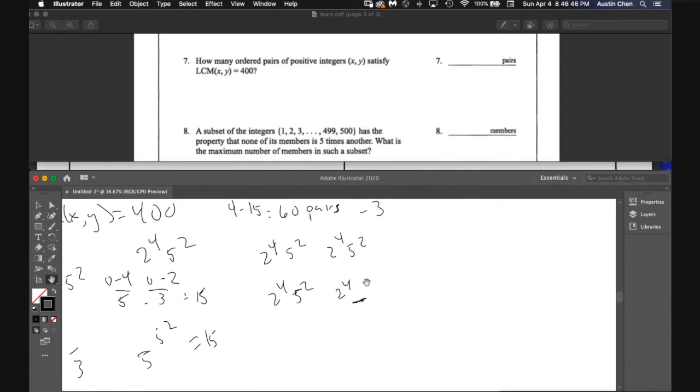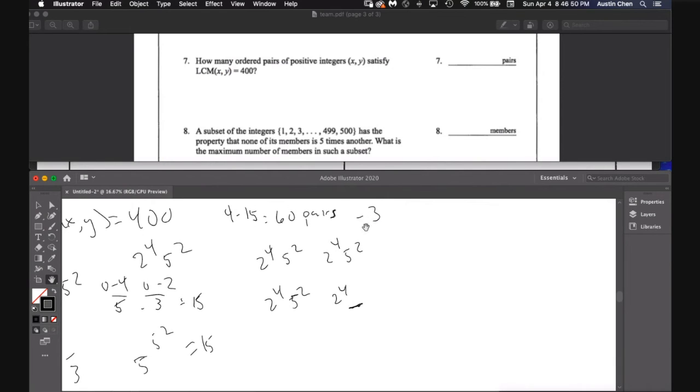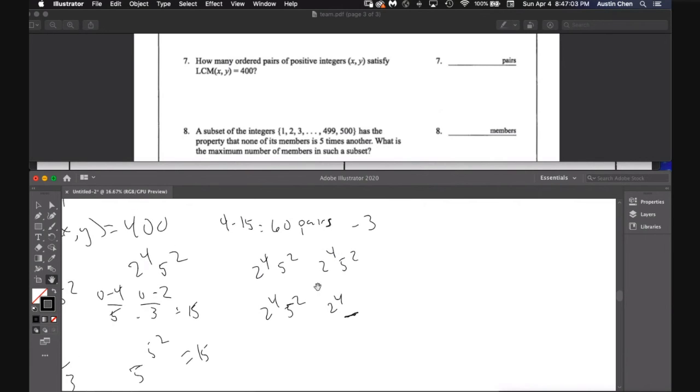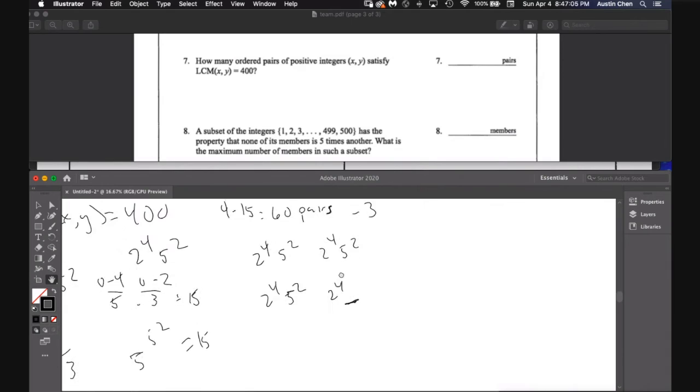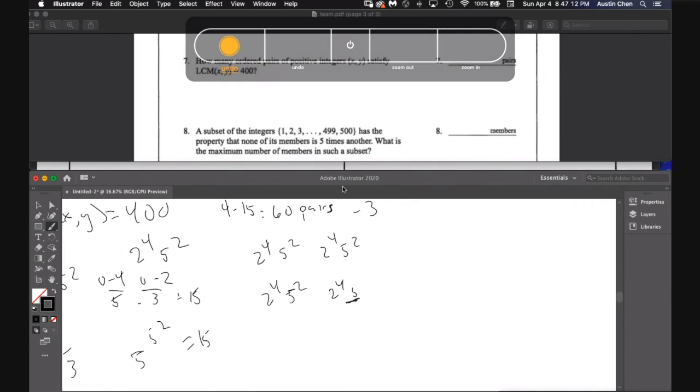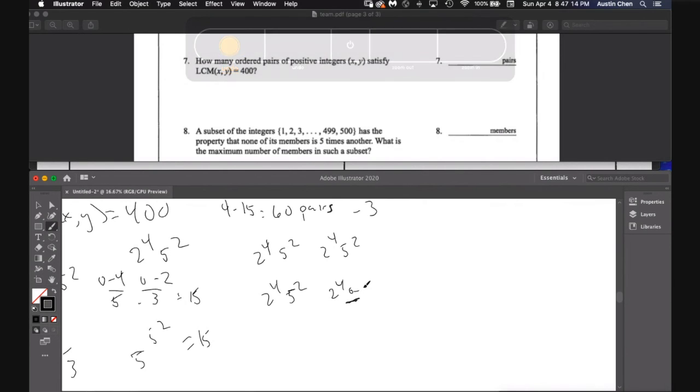We don't want it to be the same case because from this case we already subtracted its overcounts. So we don't want this to be a 5 squared, but it still needs to be less than 5 squared, right? Because if it was more than, then the LCM would have more than 5 squared, but it only has 5 squared. So then, this has to be either 5 to the first or 5 to the 0. Basically, you can choose from the range of 0 to 1. So then there are 2 cases here.